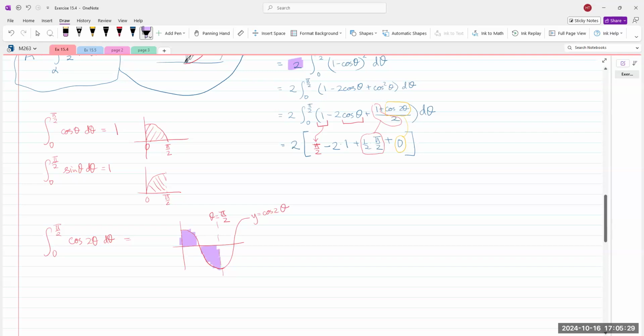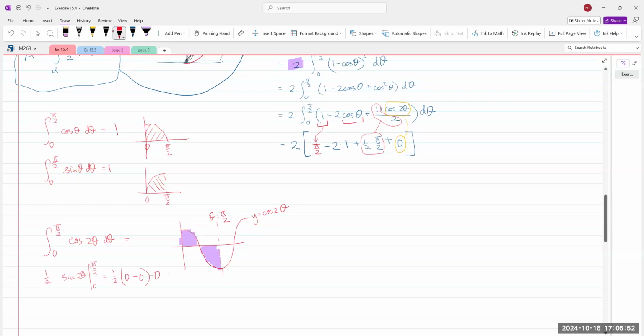They cancel out. Of course, if you want to write more and think less, you can just integrate that. You will get 1/2 sine 2 theta from 0 to pi over 2. That's 1/2 times sine pi, which is 0, minus sine 0, which is 0. That's 0, right?